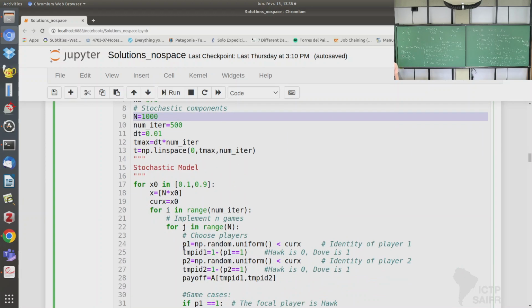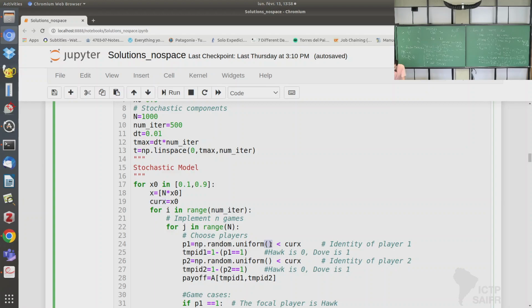Something more, since some of you never saw that. When you have to draw a player or an event, you do something like this. You see it highlighted. You have your probability, which in this case is just the fraction of hawks.